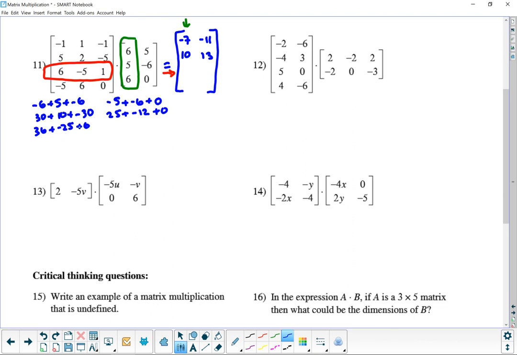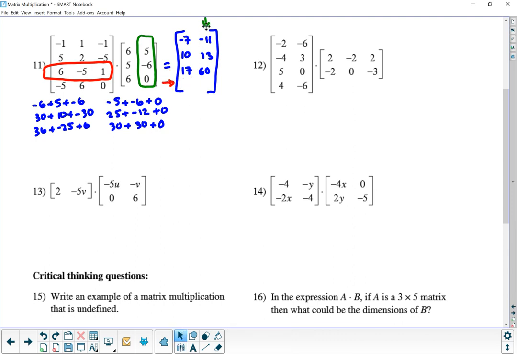Yeah, 11 and the plus 6 is 17. Okay, you want the next entry, just move the column over to column 2, so you have to work on column 2. So 6 and 5 is 30. -5 and -6 is also 30. 1 and 0 is 0, so total is going to be 60.